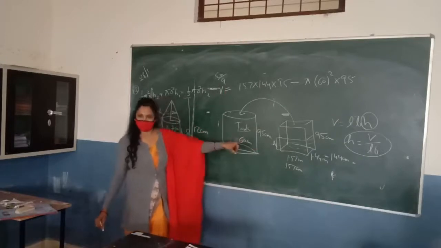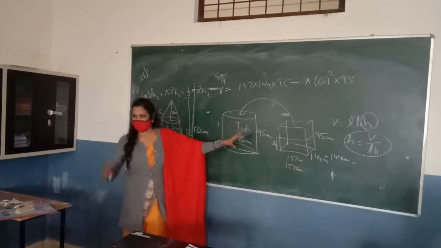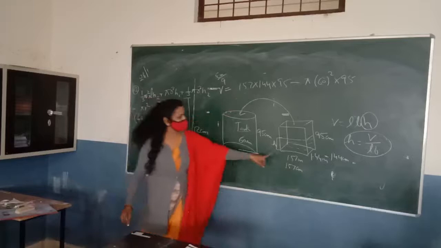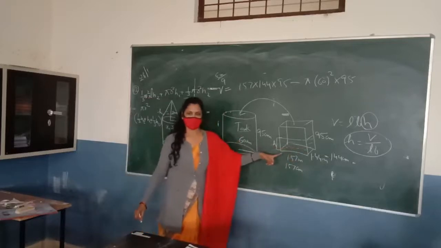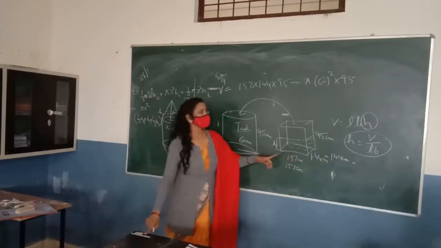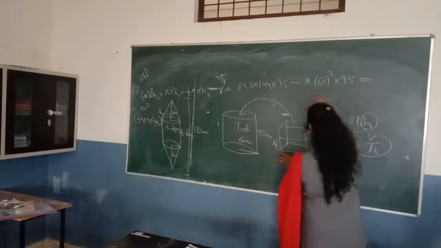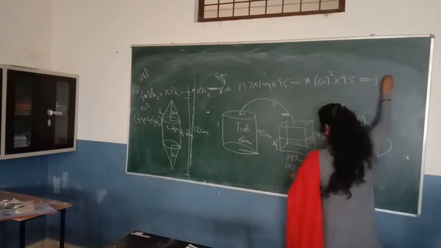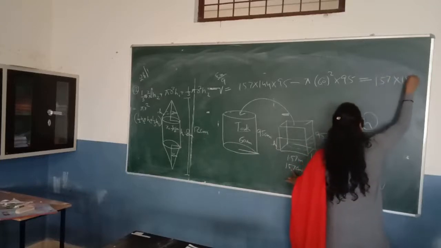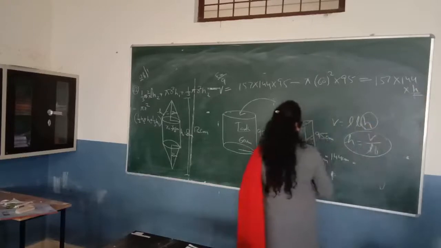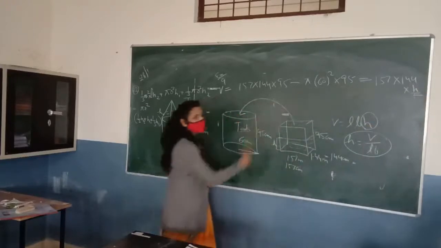So can you find the height by dividing this volume by the area of the base? Anisha, is it clear? So this volume, you can also write it like this. The volume of the left water is equal to L into B into H. For finding the value of H, you have to take these values in the denominator.